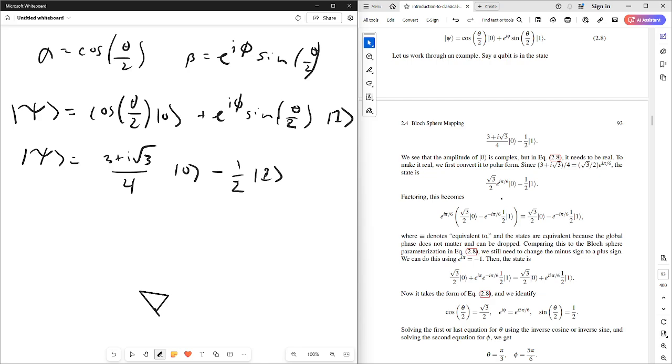To make it real, we must first convert it into its polar form, by what we learned earlier. We wind up with square root of 3 over 2 e to the I pi over 6 state 0 minus 1/2 state 1.